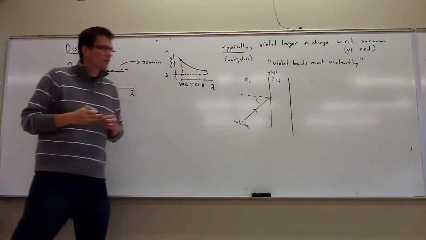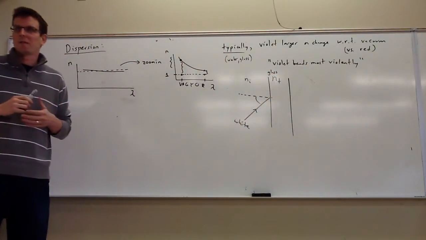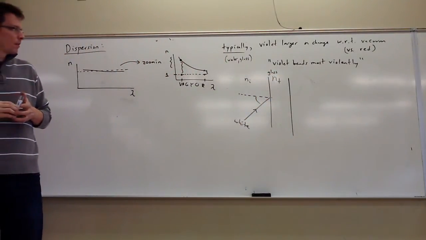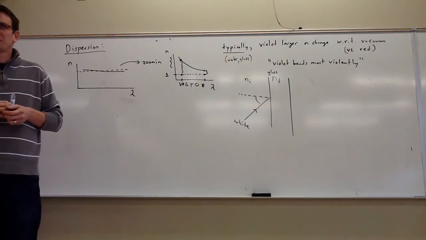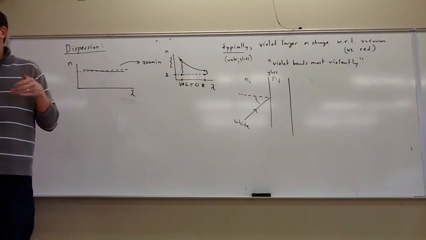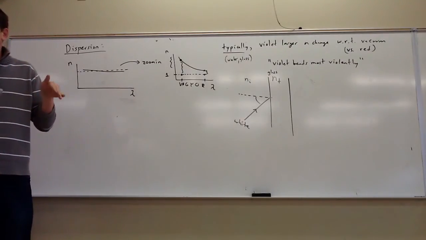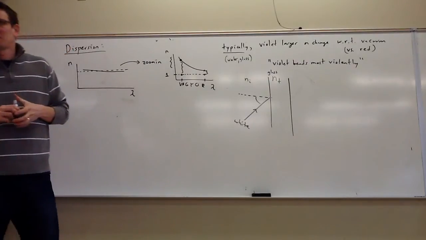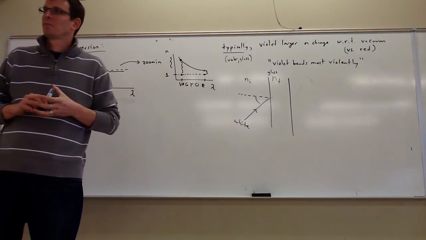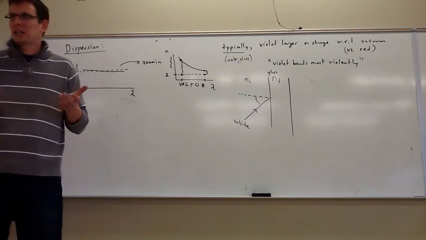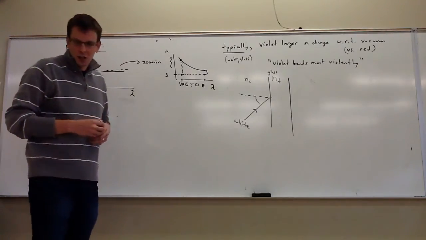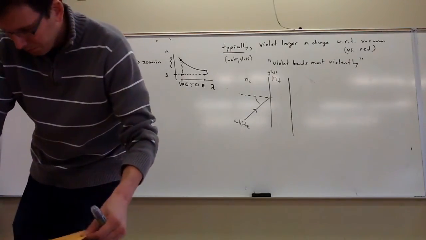So which way does everybody bend? Toward the normal or away? Does anyone remember? When you go into a higher n, you bend toward the normal, right? Which color bends the most toward the normal? Violet. Violet experiences the biggest change. So I'm going to try to draw this.